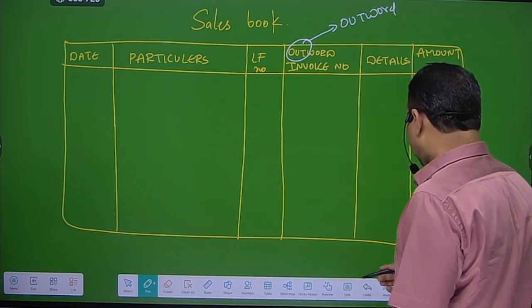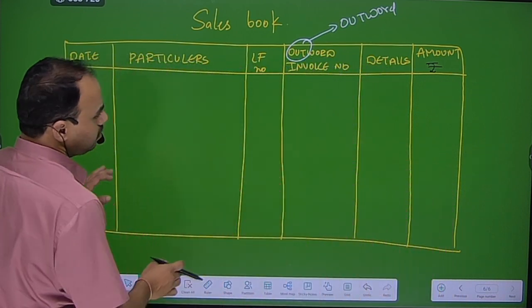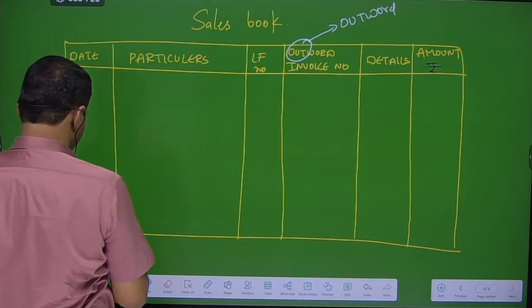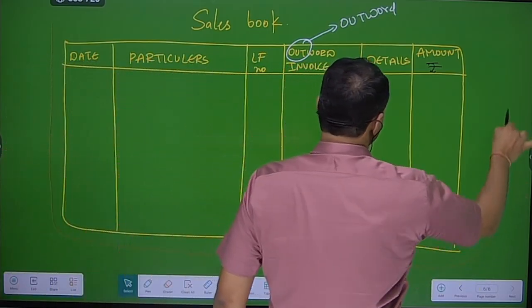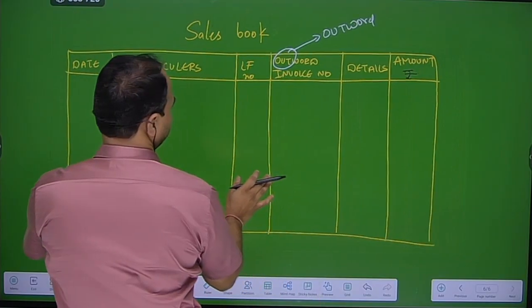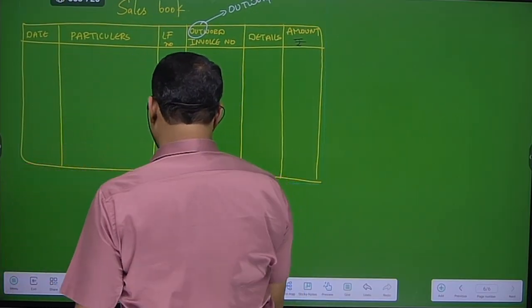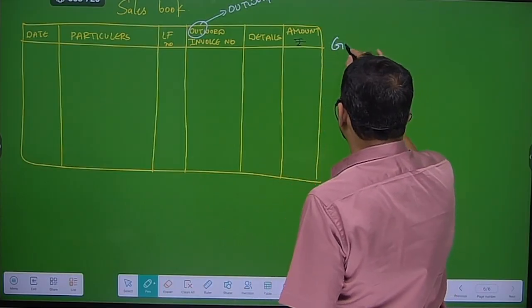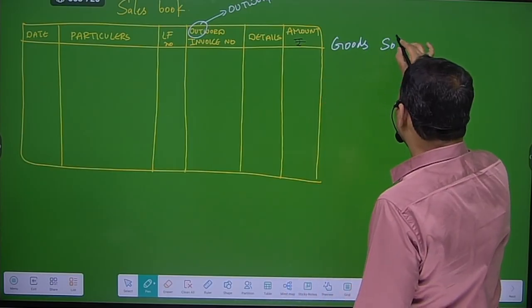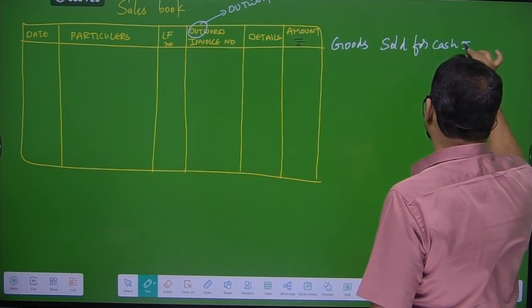Here also, same examples. Here I write one example for your understanding. Goods sold for cash, rupees 500.